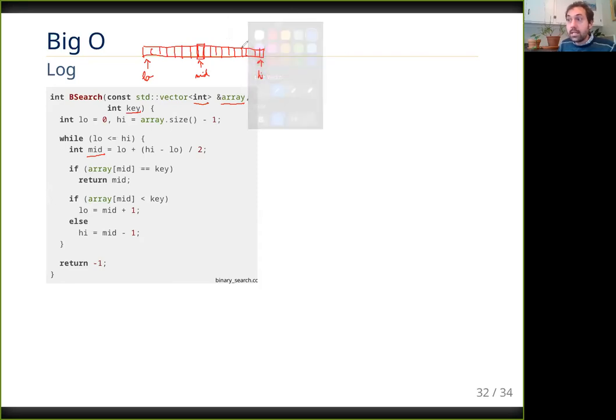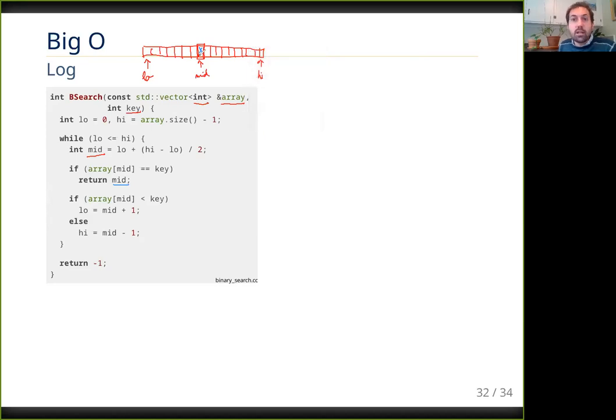And we look at this item. If that's the item that we were looking for, then that's great, and we can essentially just return it. If it's not, then it means that the item we are looking for is either smaller than this middle one or greater than this middle one.